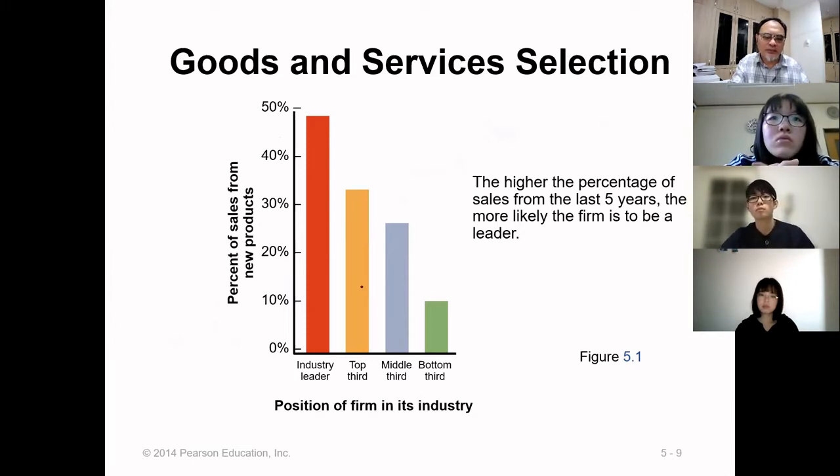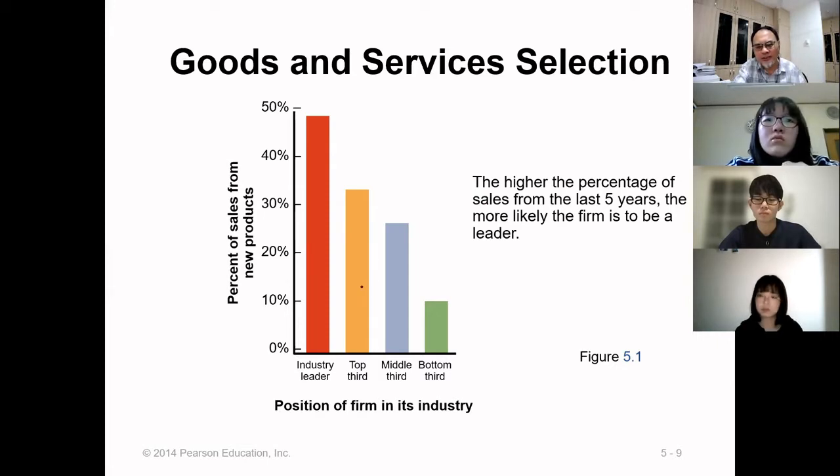So for the industry leader in terms of percent of sales from new products, you can see that it holds a big share of market sales from new products. The higher the percentage of sales from the last year, the more likely the firm is to be a leader.